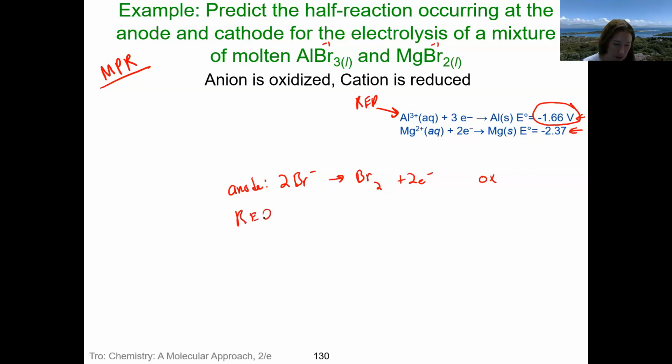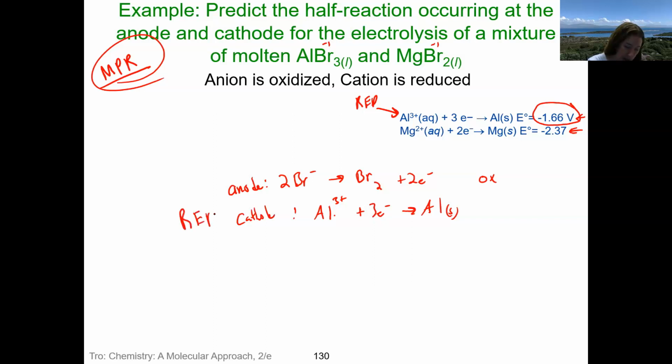Our reduction is going to be the most positive one, which will be our Al. Al 3+ plus 3 electrons goes to Al solid. So the question is predict the half reaction occurring at the anode and the cathode. This is our anode. And remember, this is going to be our cathode because it's the red cat.